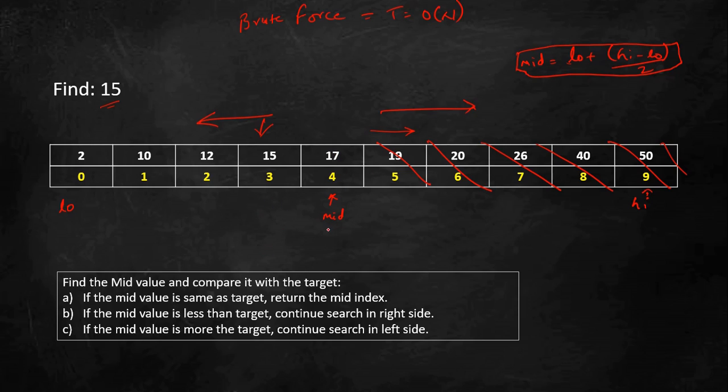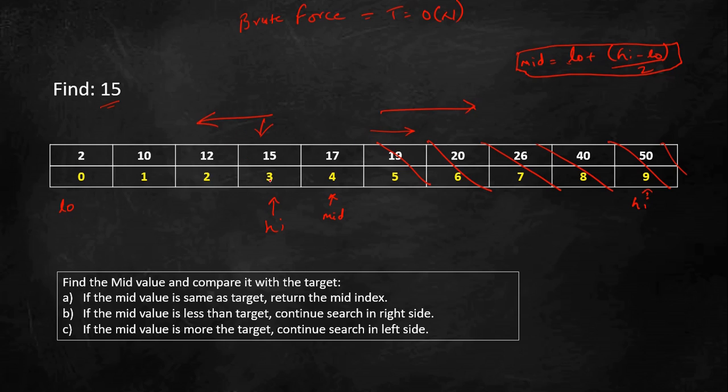But why would we go to mid if we know that my target is not at the mid? So I do not have to point my high pointer to mid at all. I can directly say that my high is mid minus 1. I will place my high here at mid minus 1, and then again I will find out what my mid is with this new high and low pointer.